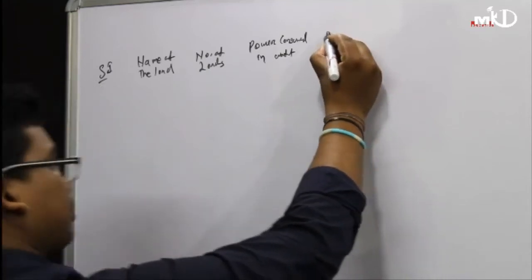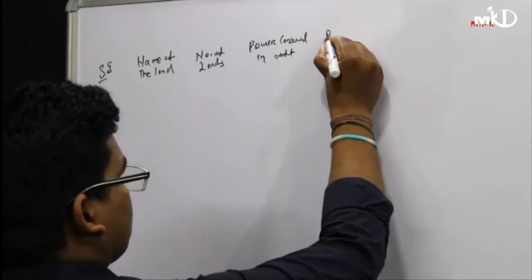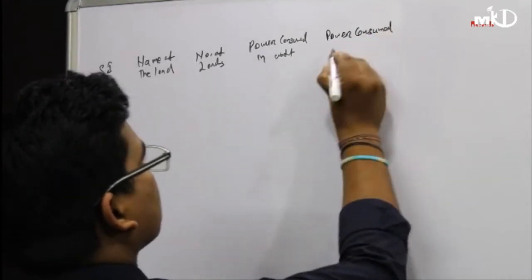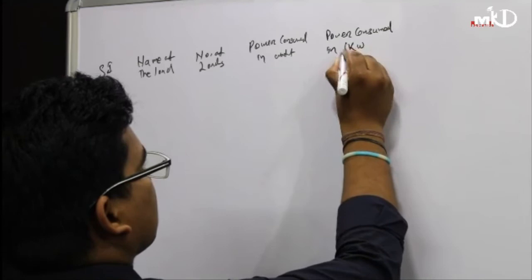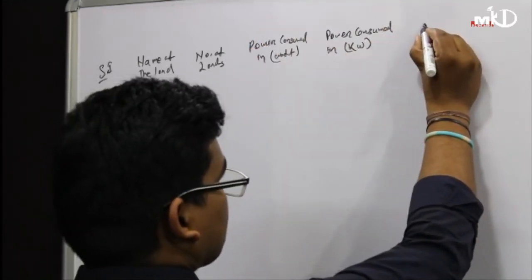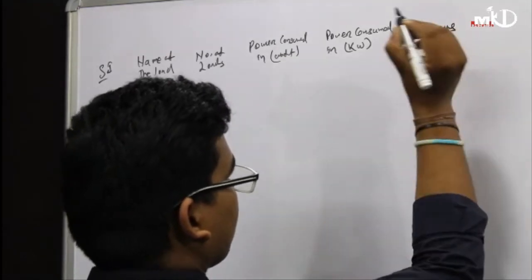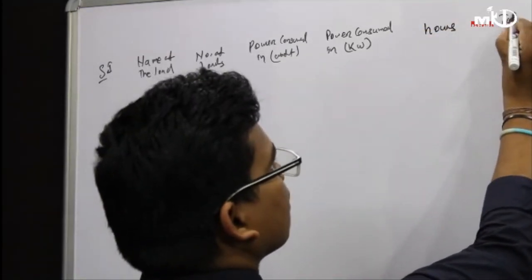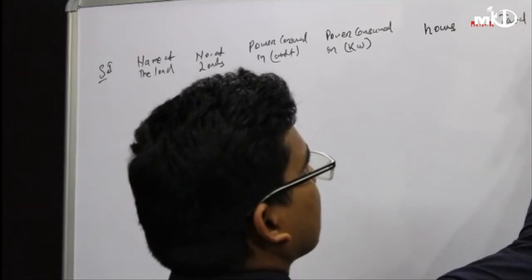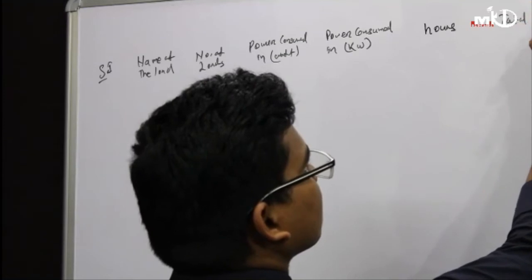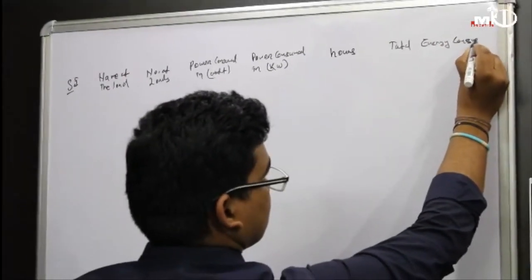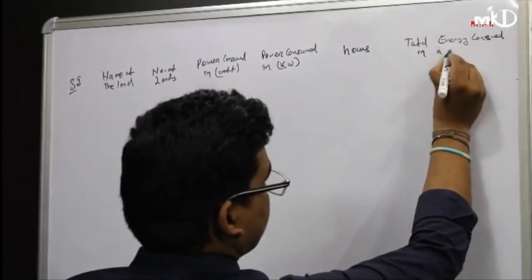Next is power consumed in kilowatt. Then hours, working hours. Next one is total energy consumed in a day.